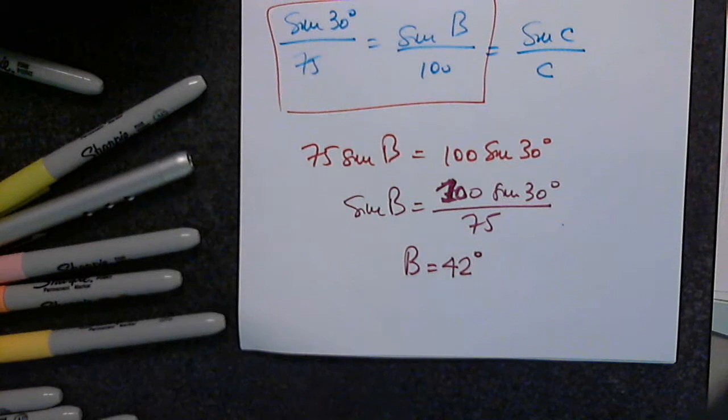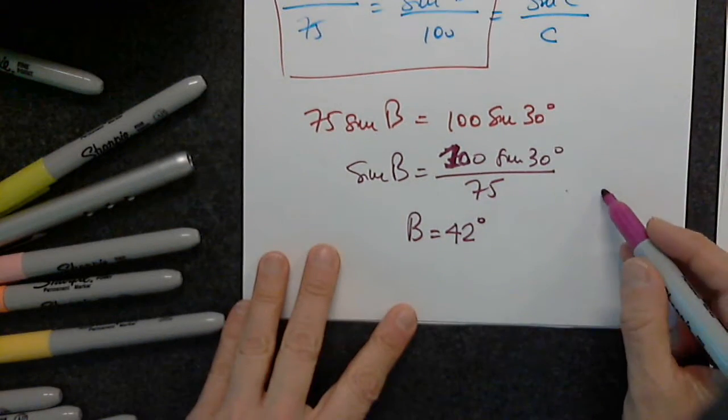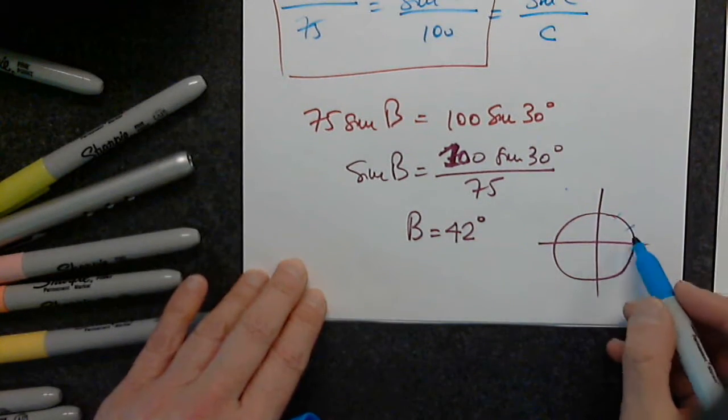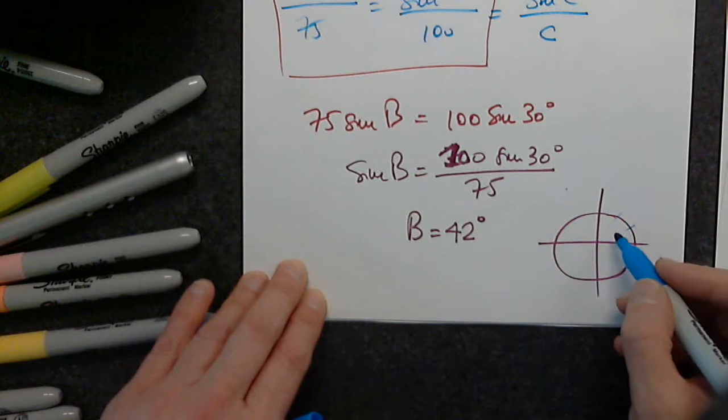But what did we just say about this case? That once I identify that I have a side-side-angle case, I must look at the second possibility. Let's look at the unit circle. So there is an angle. So this is 30, 60, right? So this is 30, 42, I'm going to say.